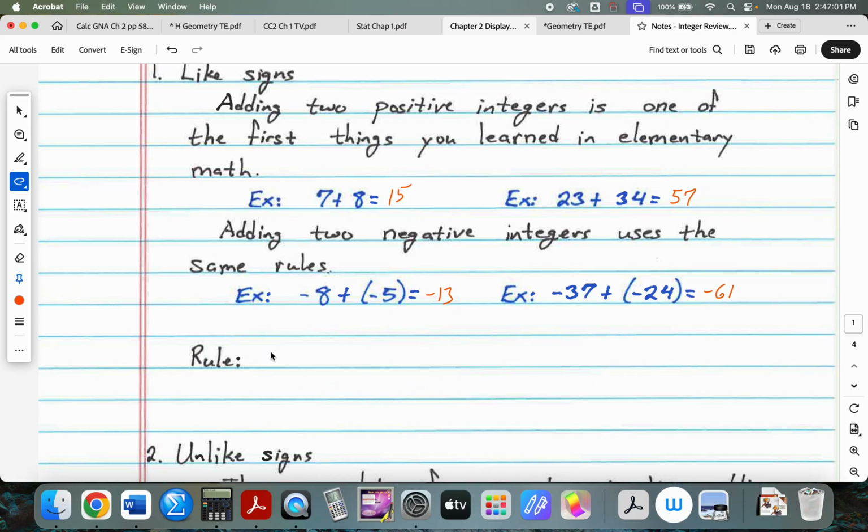So the rule is, when adding two numbers with the same sign, add the values and keep the sign.